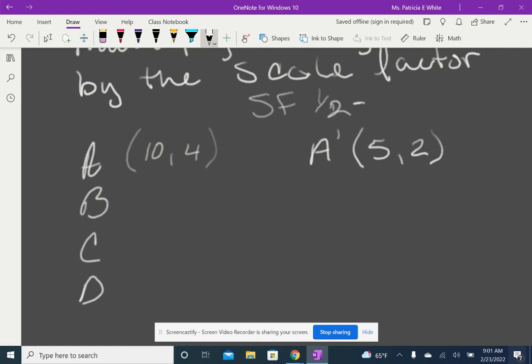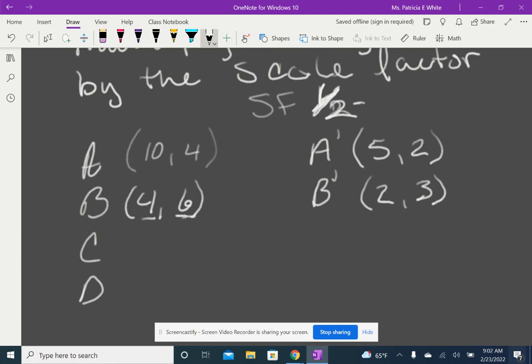B, if I look at B, I've got to go to the right 4 and up 6. So B is the coordinate 4, 6. 1 times 4 is 4, divided by 2 is 2. 1 times 6 is 6, divided by 2 is 3. Multiply by the top, divide by the bottom.